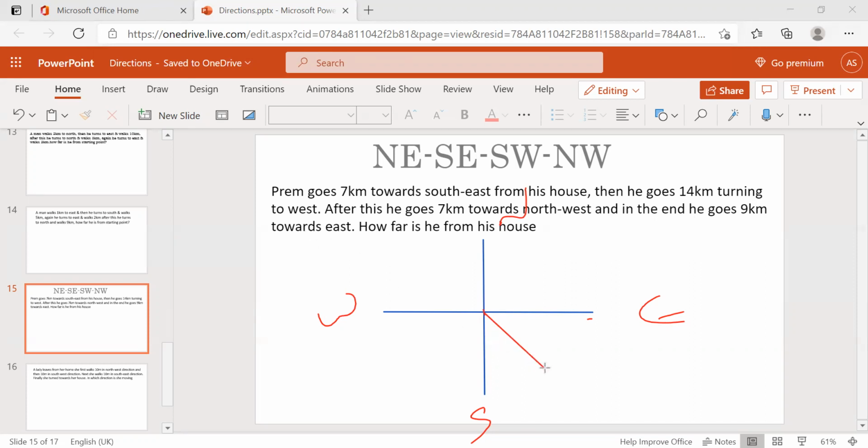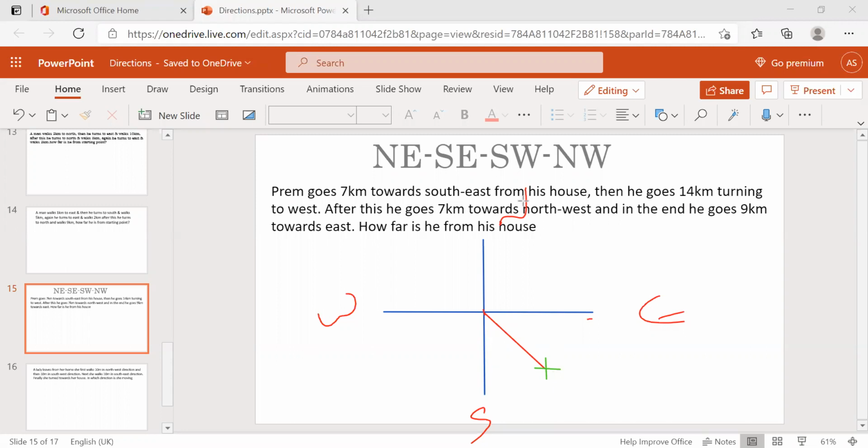For this, I'll give a small tip. Whenever you get these types of problems with north, east, southeast, just draw one more small direction diagram. From everywhere, just draw the small thing.